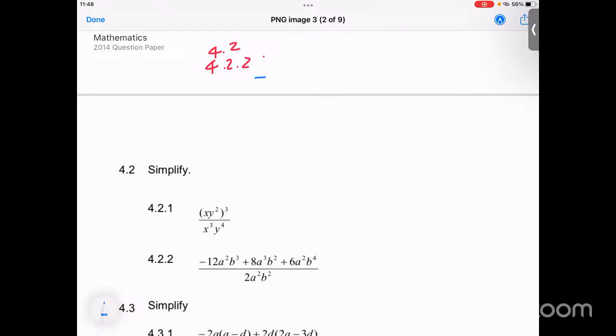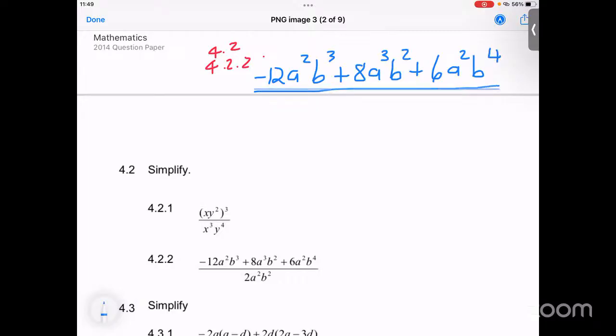It will be negative 12a squared b to the 3, plus 8a to the 3b squared, plus 6a squared b to the 4, the whole of that divided by 2a squared b squared. This is the question that you are having. So where are you going to start?